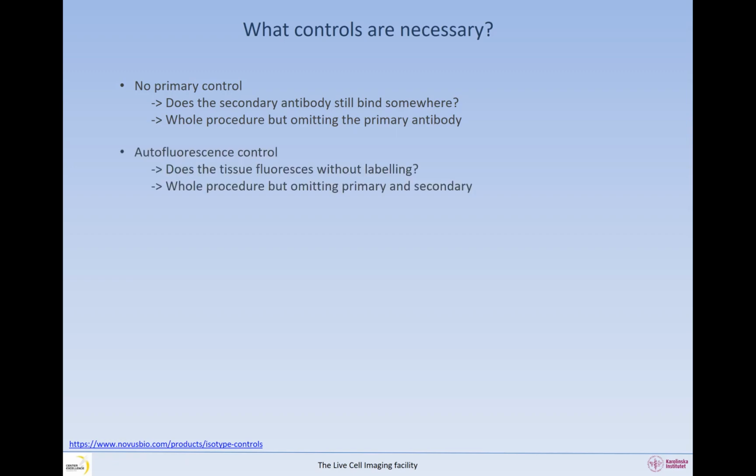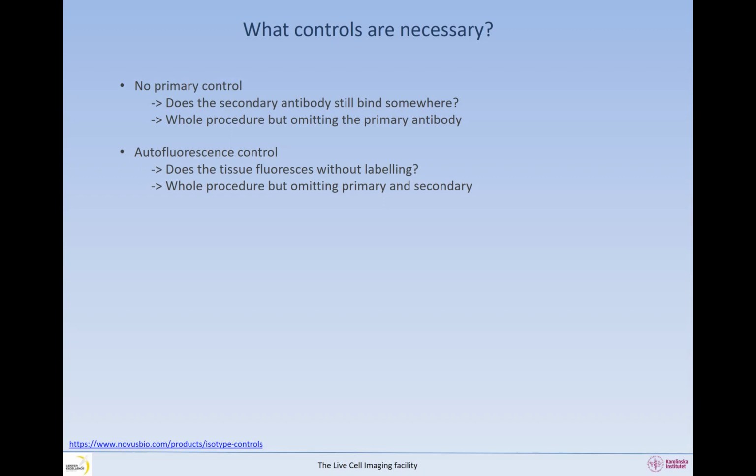And then we have the autofluorescence control, where, as we already heard before, certain cells and tissues, especially those which are very abundant in collagen, elastin, lipofuscin, brain tissues, usually liver, are quite autofluorescent, and quite often the autofluorescence signal is very specific.